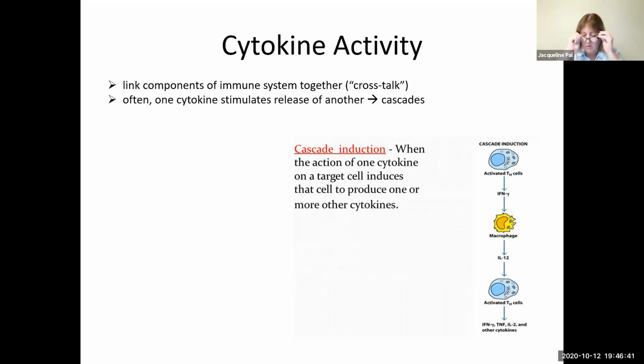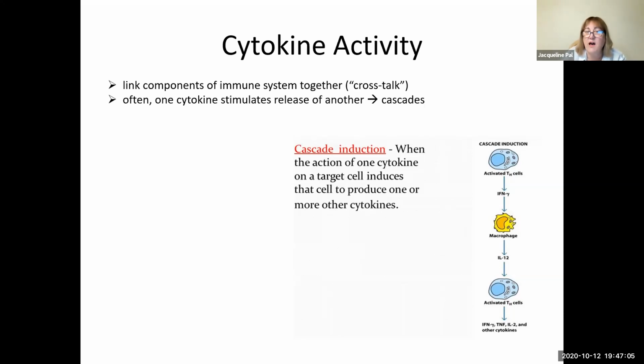So if we look at the picture of what is there, it's showing that this cell, which was activated, and it's a helper T cell, as you'll learn, secretes a cytokine. In this case, they are referring to interferon gamma, which has an action on macrophages. And one of the actions is it causes production of an interleukin, in this case, interleukin 12, which we're really not focusing on.